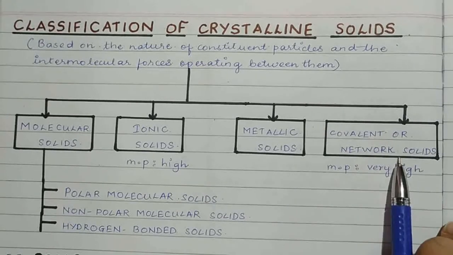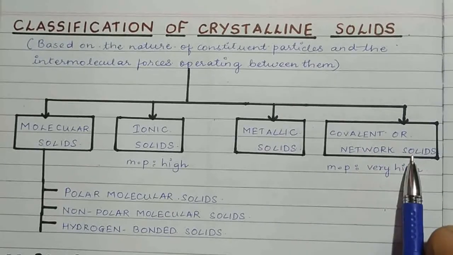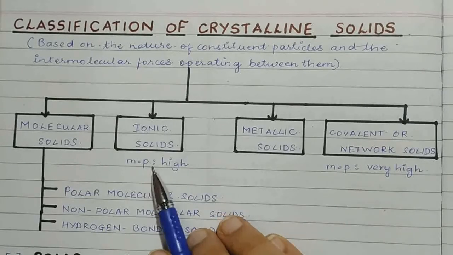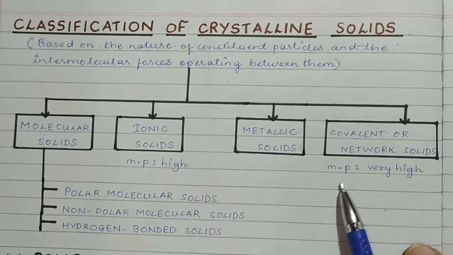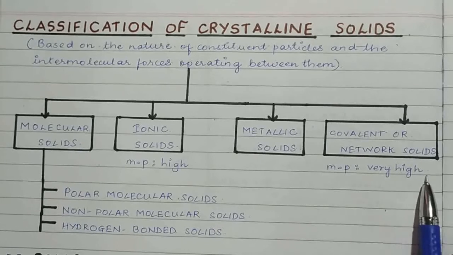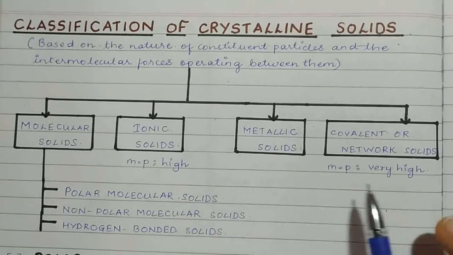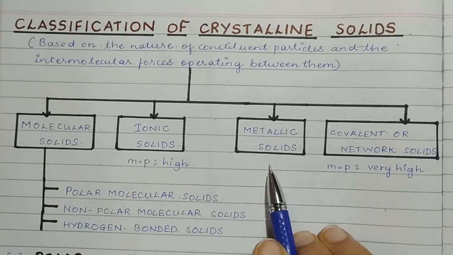And then covalent or network solids, or covalent network solids. These have a very strong covalent bond between them. Now, two points I have written here. You can see the melting point under ionic solids is high, and under covalent solids the melting point is very high. This high and very high is in comparison to molecular solids and metallic solids.